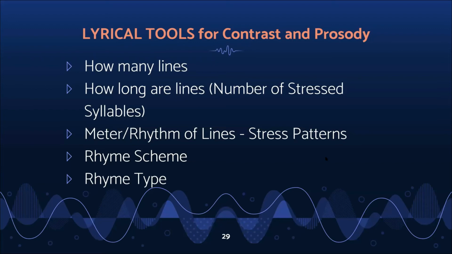Commonly the first line of a verse will be very like Mary Had a Little Lamb, very dum da dum da dum da dum, but then there'll be a da da da da da da da da da type of thing that follows it up. So playing with the meter, the syllable count is radically different, but the stress pattern is basically the same. Right. And in this context, we're talking about how changing it creates contrast or prosody, right?